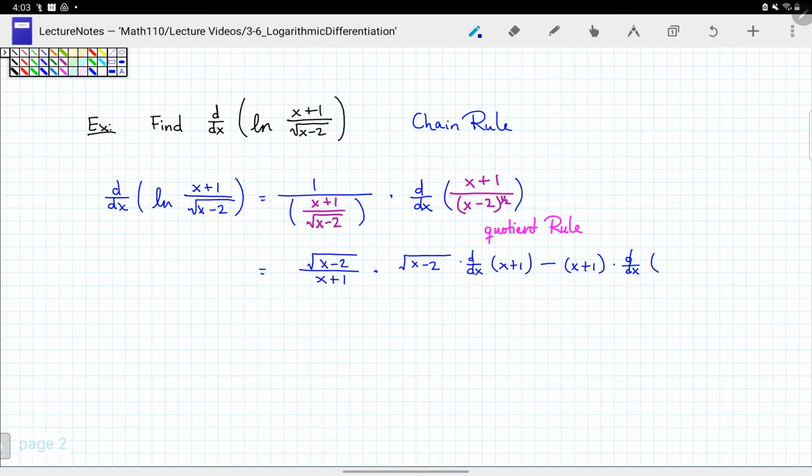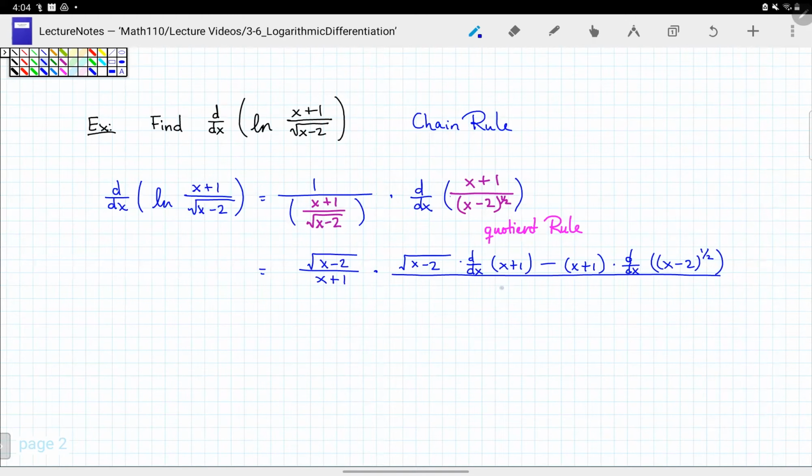Okay, so bottom times the derivative of the top. So this is going to be square root of x minus 2 times the derivative of x plus 1 minus the top, x plus 1, times the derivative of x minus 2 to the 1/2, minus the top times the derivative of the bottom, all over the bottom squared.